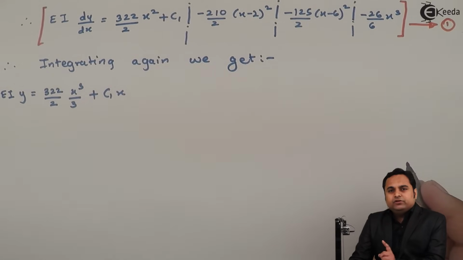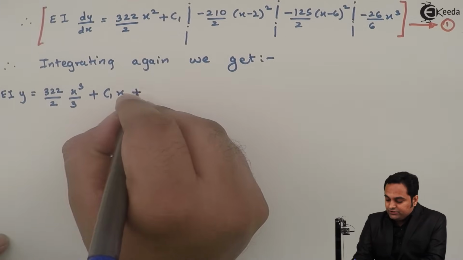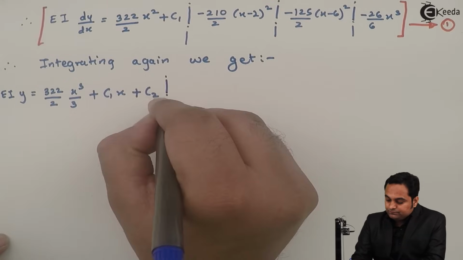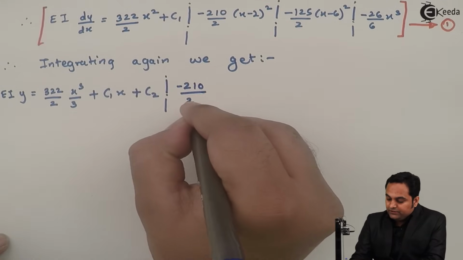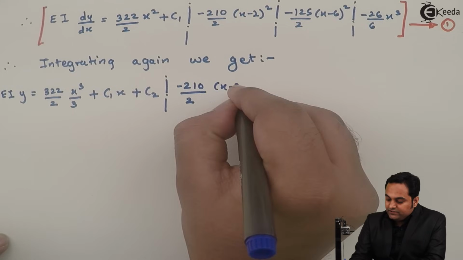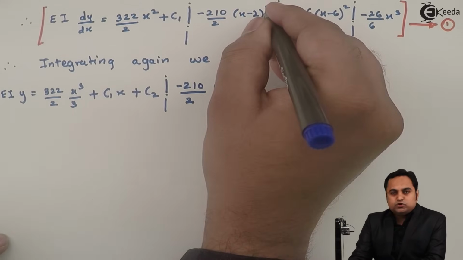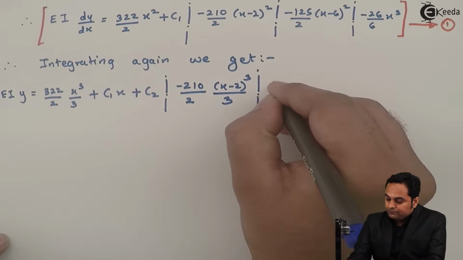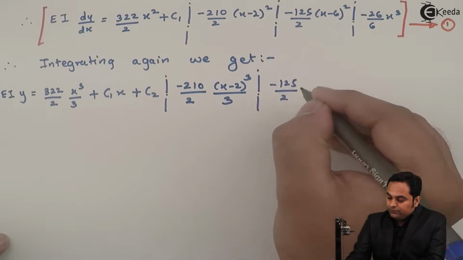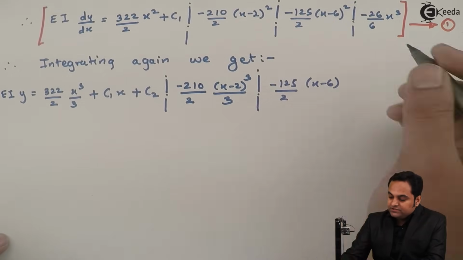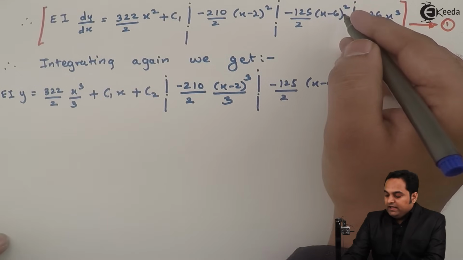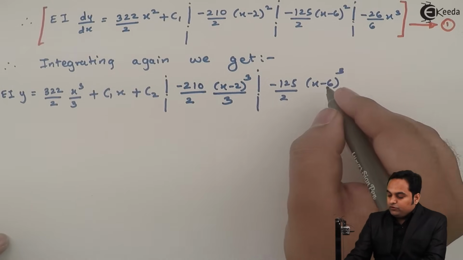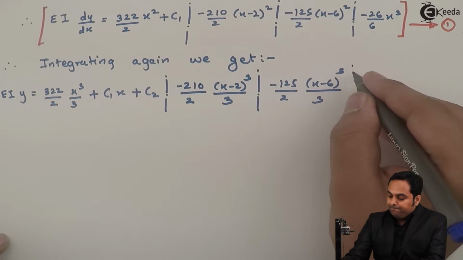Since I am integrating for the second time, I have to add another constant, which is C2. Minus 210 by 2, and here x minus 2, which was square, so integration gives cube divided by 3. Then minus 125 by 2, x minus 6 square, and if I integrate, that becomes cube divided by 3.